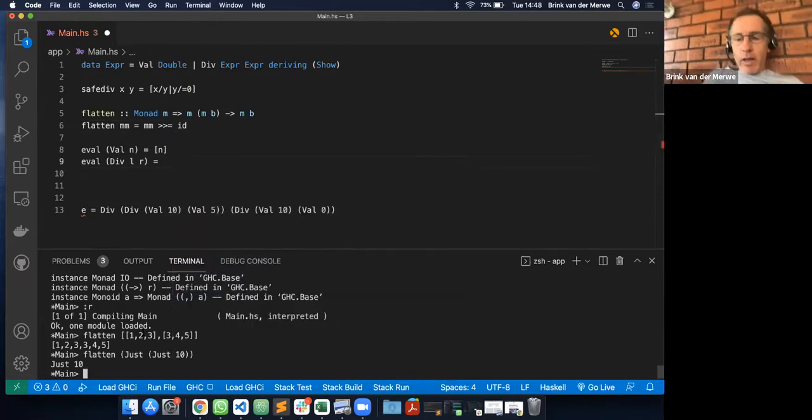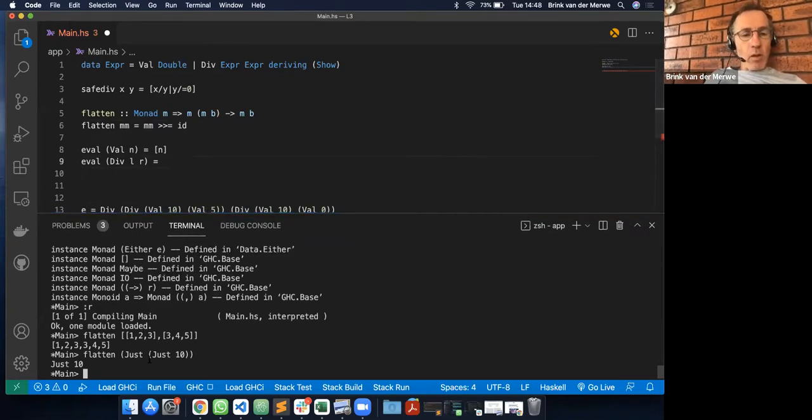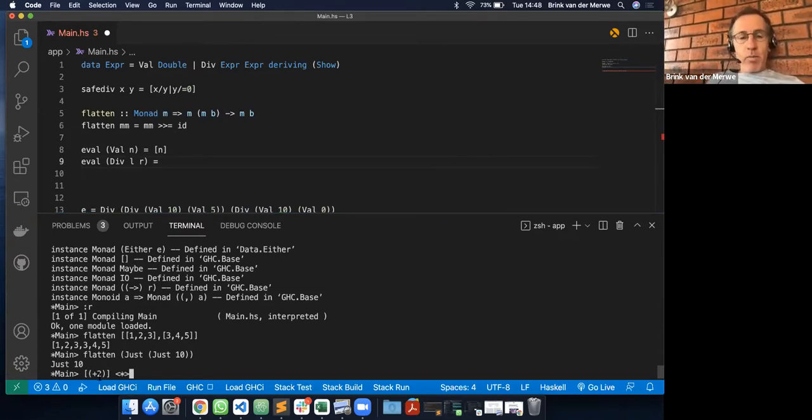To write that code, let me show you at the bottom something we can do with applicative. Say, for example, I have a +2, the function +2 that needs one more argument, inside a list.